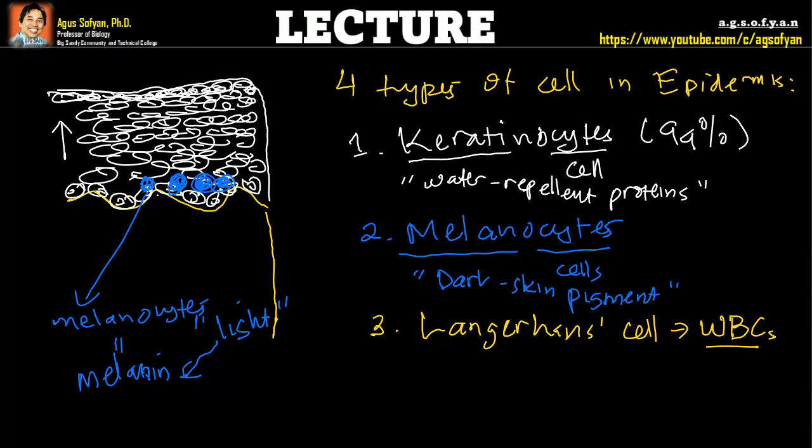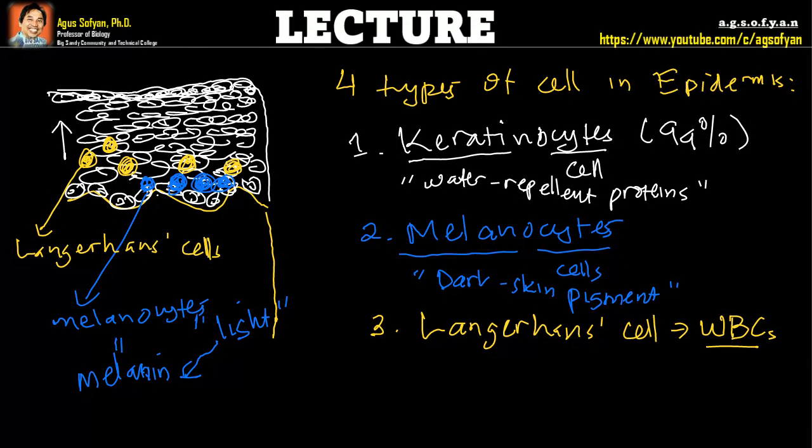So this Langerhans cell will be scattered in the epidermis, sometimes in the lower part, sometimes going up a little bit to the upper part. This cell is able to move from one space to another in order to fight against infection, maybe against bacteria. So this is the third type of cell in the epidermis.